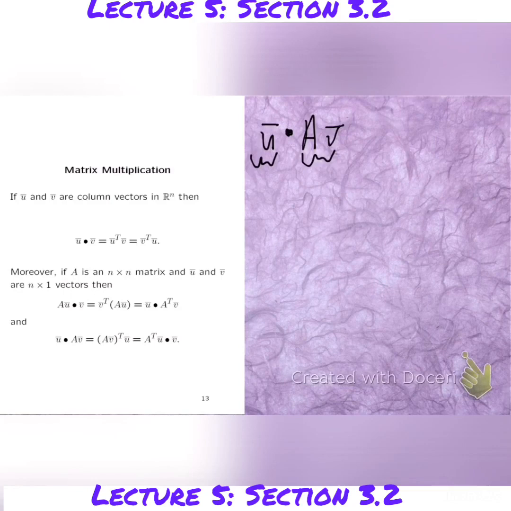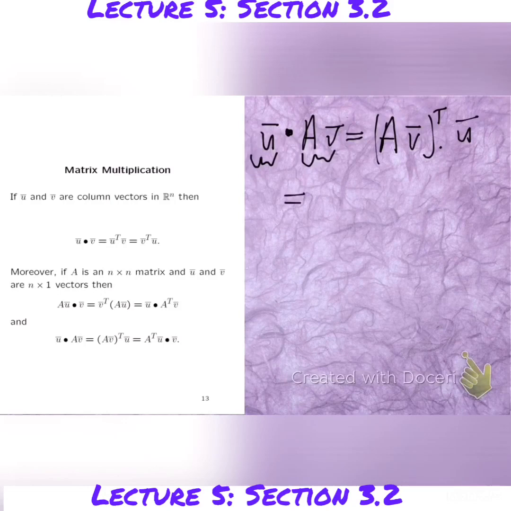We know how to take the dot product between them. But you can write this as a product of matrices. You can write it as a row vector, the transpose of this matrix, and matrix multiply that with the column vector U. That gives you exactly the same answer.